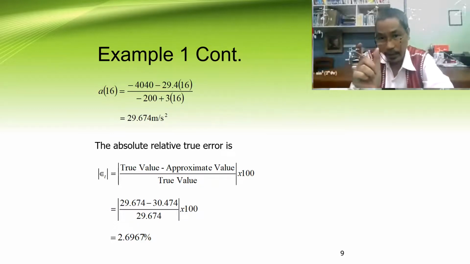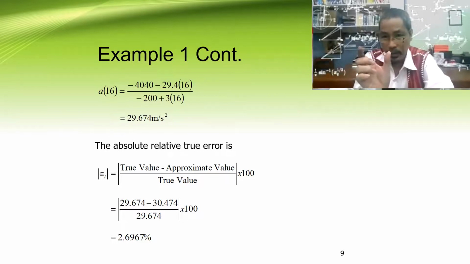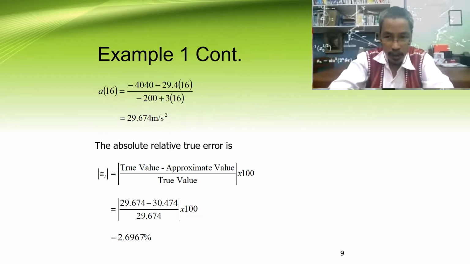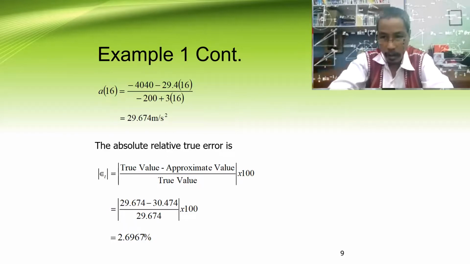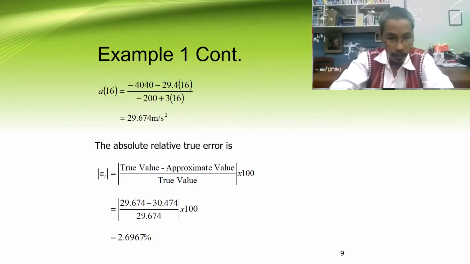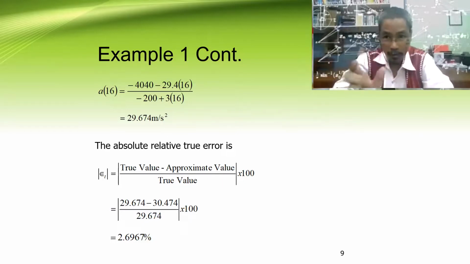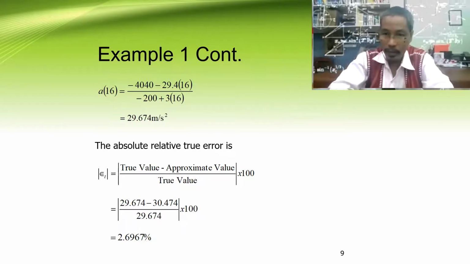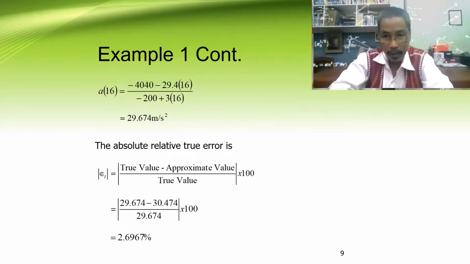Imagine 2 seconds. 2 seconds is very large. What is the speed of the fastest man on earth? If you add 2 seconds to that fastest man, a record for the 100-meter dash, that guy will not get any medal.